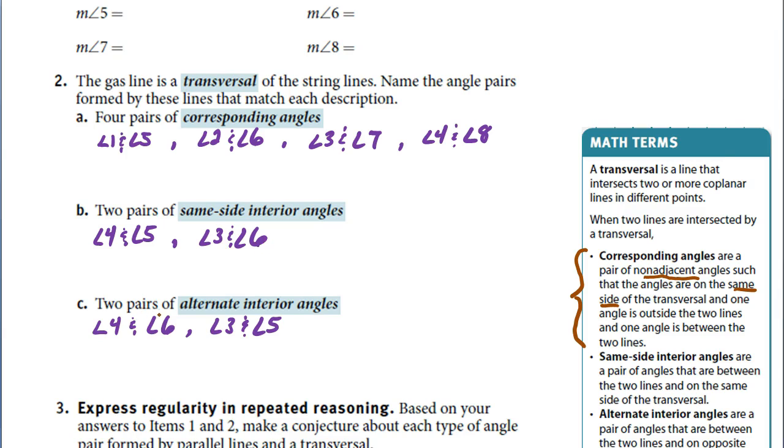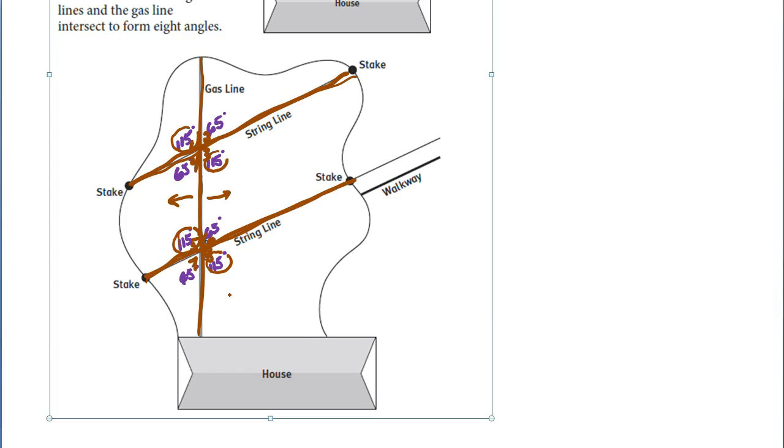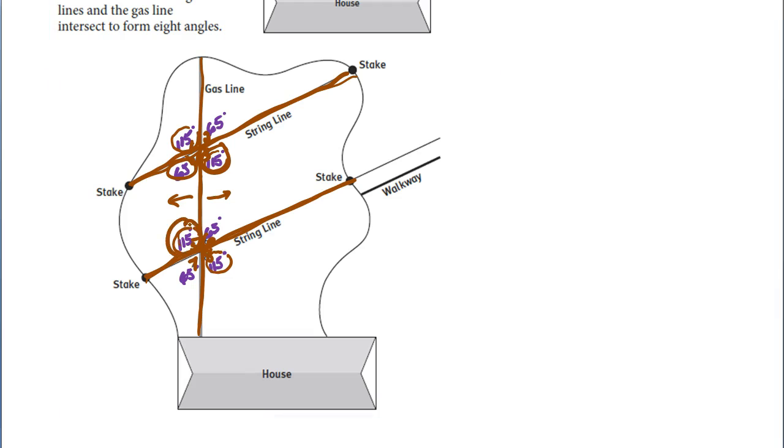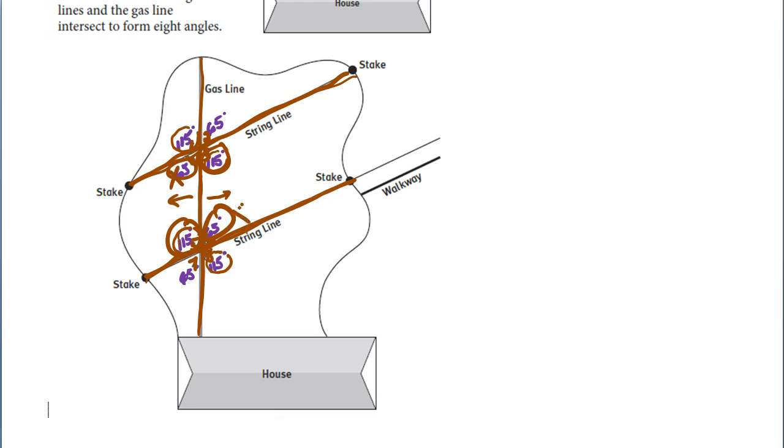Next, we're looking for 2 pairs of alternate interior angles. So interior, we want to be between the parallel lines, but on alternate sides of the transversal. So going back to the drawing, interior angles were restricted to these 4 angles. These are the interior angles. Alternate interior angles are this one plus this one.